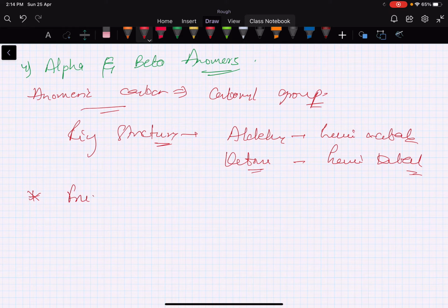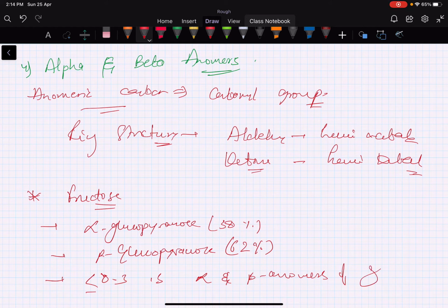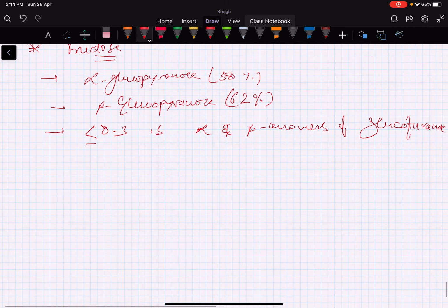Talking about glucose solution, alpha glucopyranose is about 38%, beta glucopyranose is about 62%, and less than 0.3% is present as alpha and beta anomers of glucofuranose.